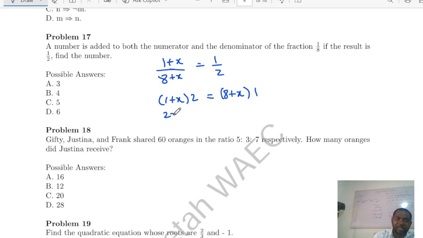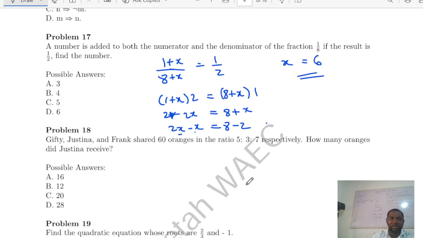If you open the bracket, this will be 2 plus 2x is equal to 8 plus x. When you collect like terms, 2 crosses here, x crosses here, you have 2x minus x is equal to 8 minus 2, right? So 2x minus x is x, 8 minus 2 is 6. So this is exactly what we have. x is equal to 6. So the answer to this question is D.